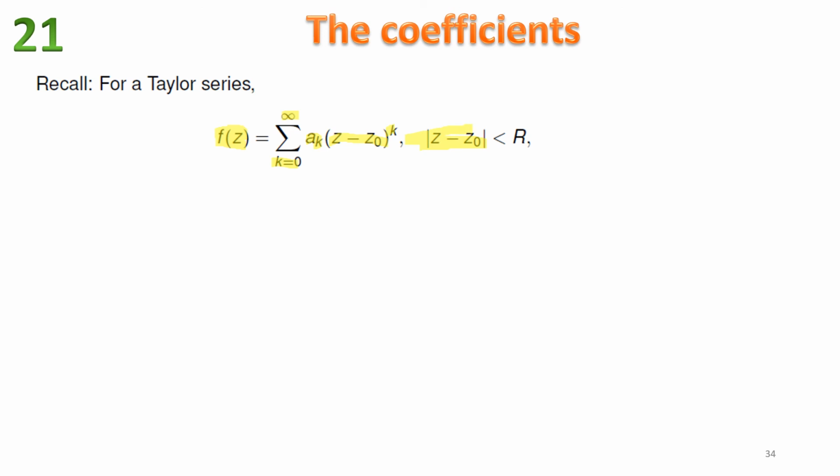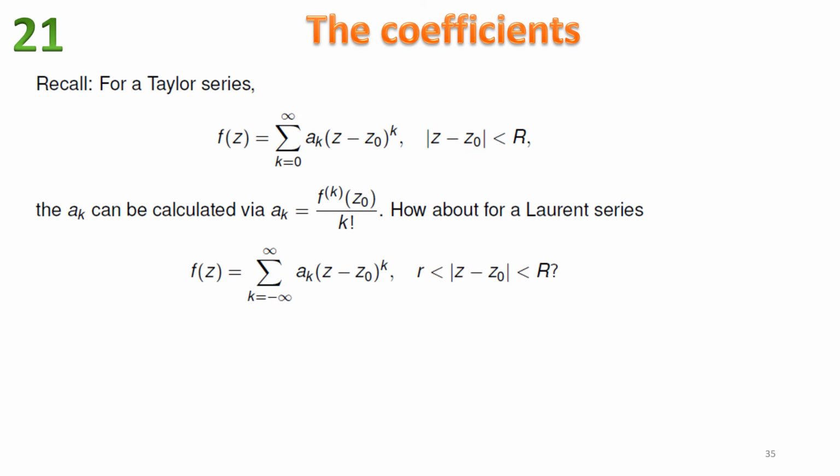So here you have to find a point z0, and you have to consider a disk of radius r centered around z0. Now, a_k can be calculated according to the Taylor series expansion as the kth derivative of the function at z0 upon k factorial.